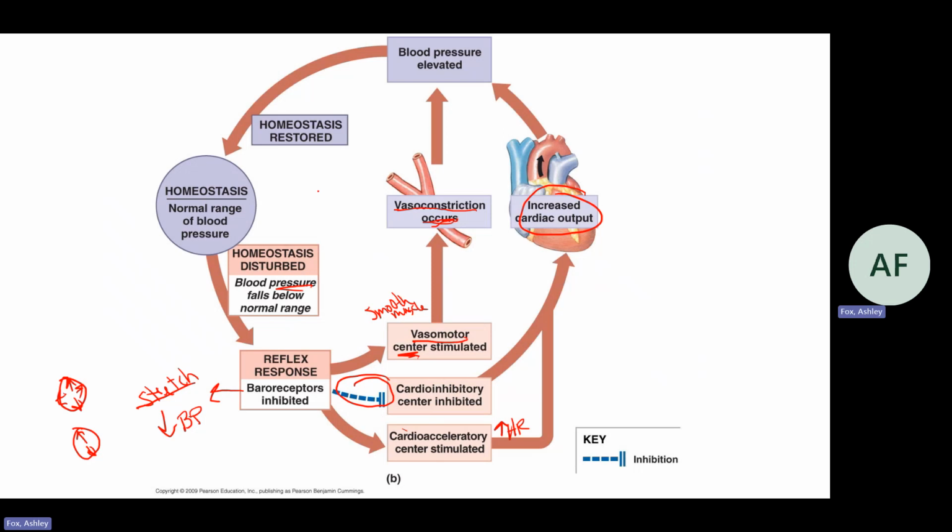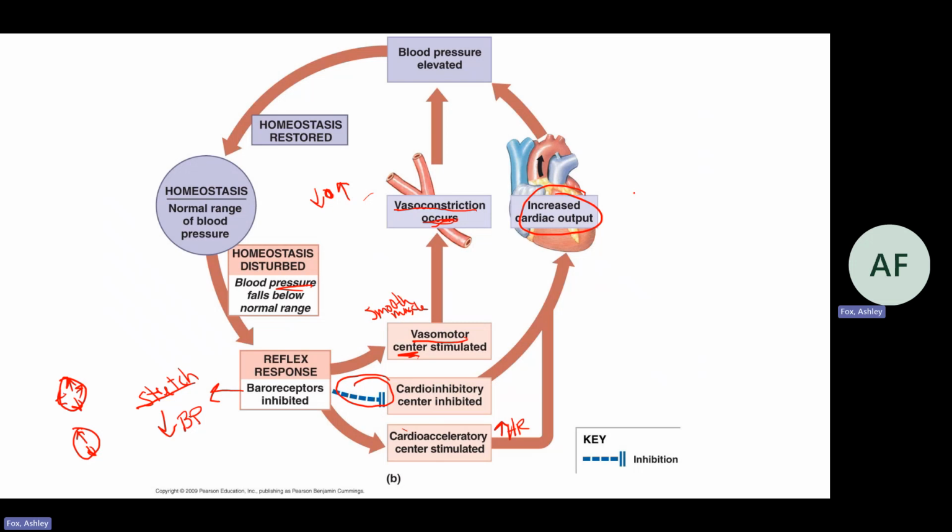Again, if you are decreasing the diameter of the blood vessel and you are increasing the total peripheral resistance, then you are increasing blood pressure by doing so. So yes, you are decreasing blood flow, but you're increasing pressure.